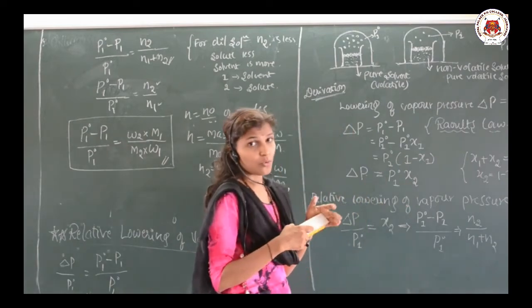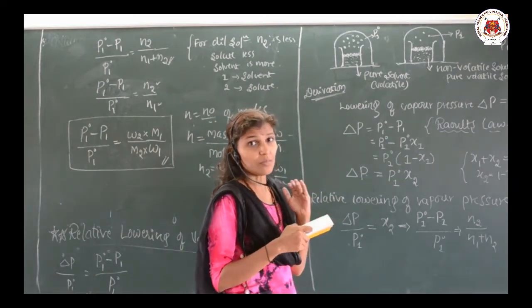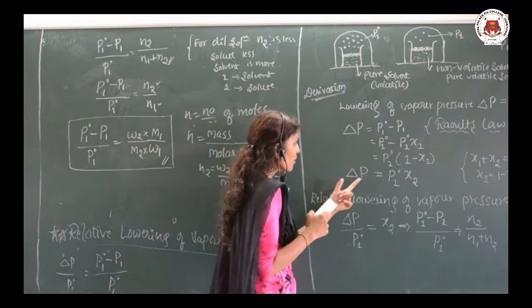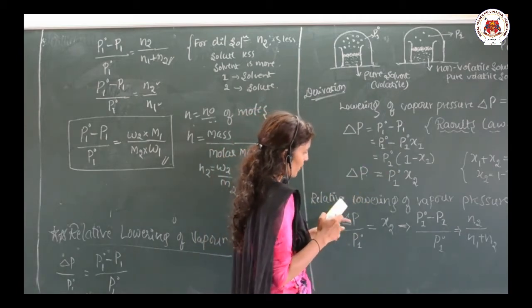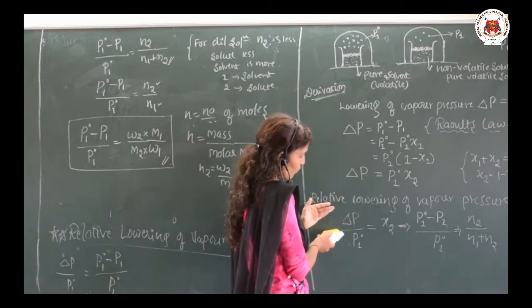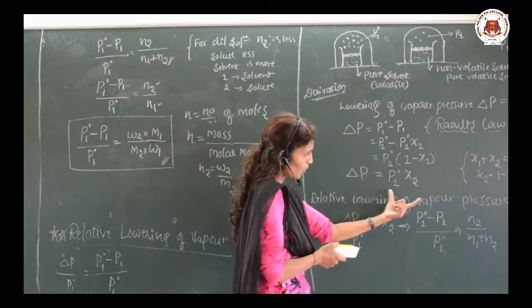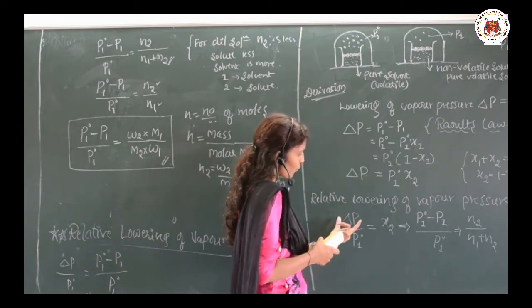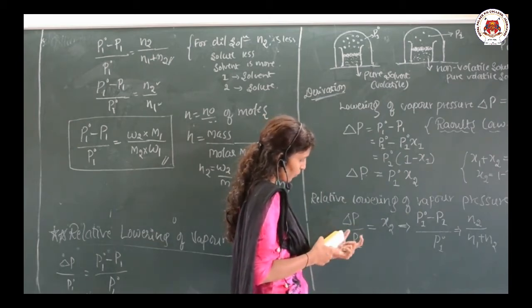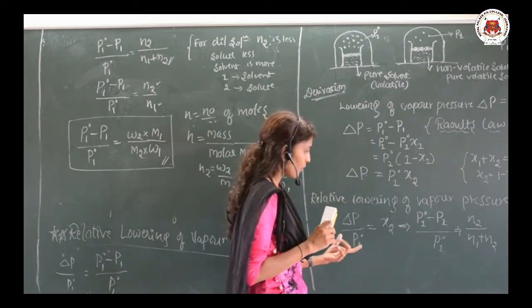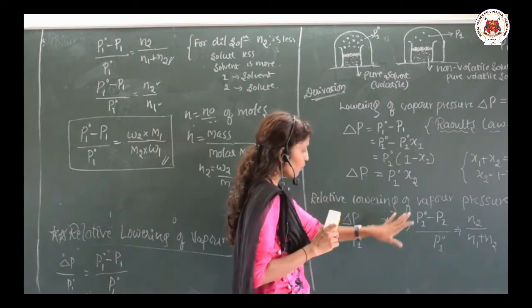Now we need the derivation of the relative lowering of the vapor pressure. We take the ratio delta P divided by P1 naught. The relative lowering of vapor pressure is defined as the ratio of the lowering of the vapor pressure to the vapor pressure of the pure component. And this is equal to x2.